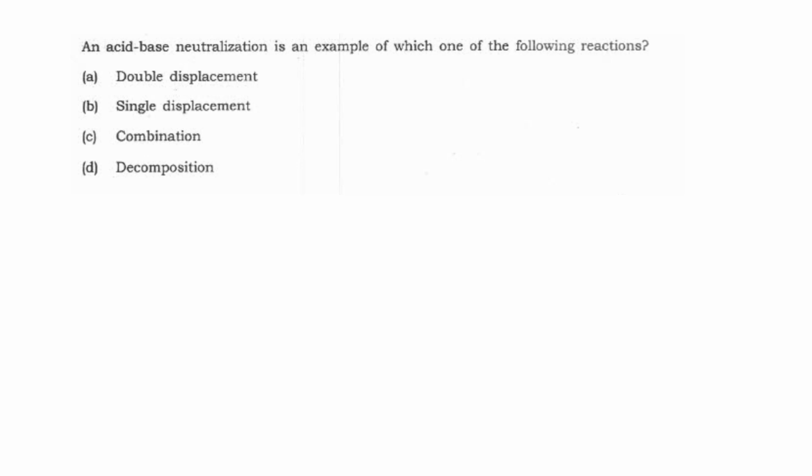In this reaction, the positive ion exchanges with the negative ion. And in this acid-base reaction, a salt is the product. Acid and base will be neutralized and the salt will be formed. So acid-base neutralization is an example of the double displacement reaction. So the correct option for this one is A.